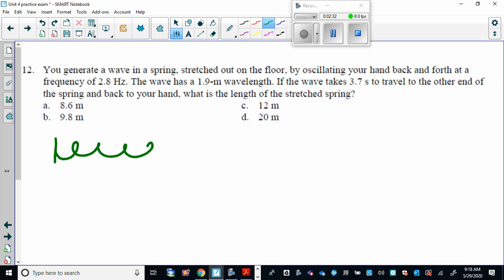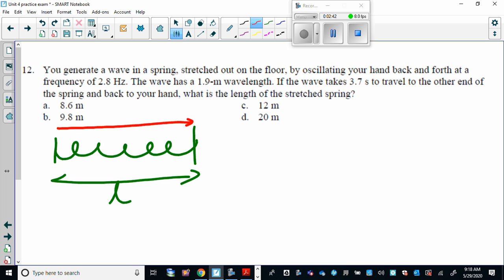So that's what they're asking. And it takes 3.7 seconds to go there and back. That's really important. It takes 3.7 seconds to travel to the other end of the spring and back to your hand. What is the length of the spring?